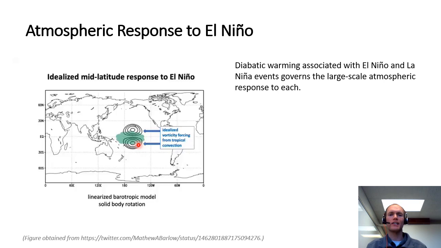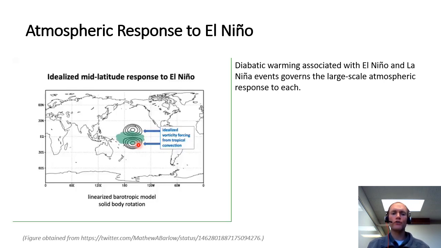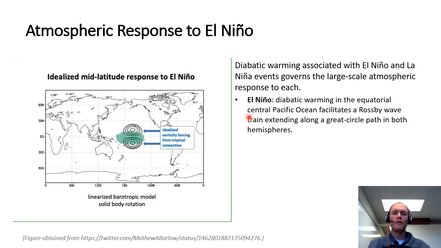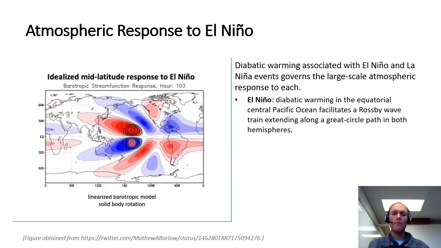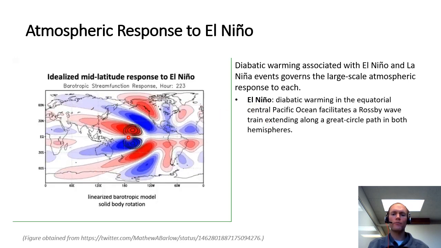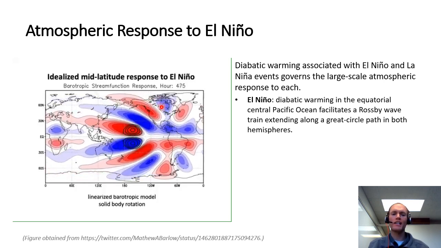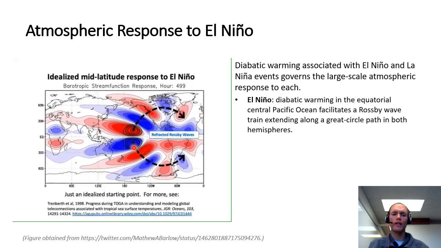So if we put this into motion, for El Nino, we have this diabatic warming in the central equatorial Pacific that then facilitates this Rossby wave train that extends poleward and eastward in both hemispheres, directed toward the east with Coriolis deflection in both hemispheres, associated with a ridge, then a trough, and then a ridge.